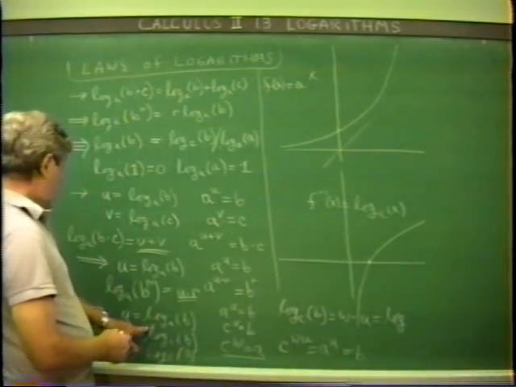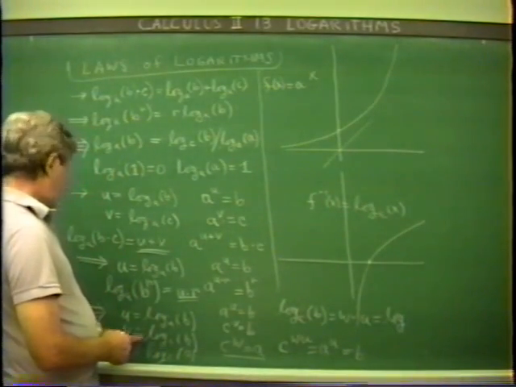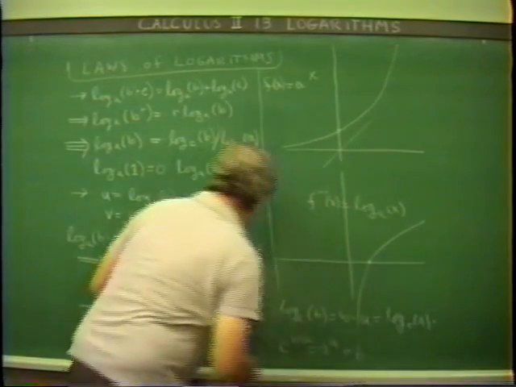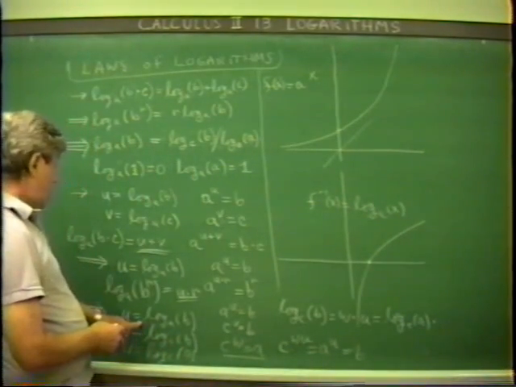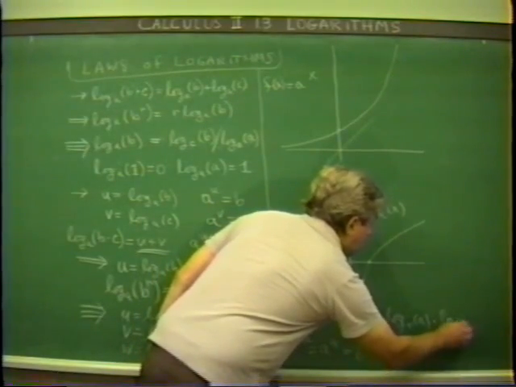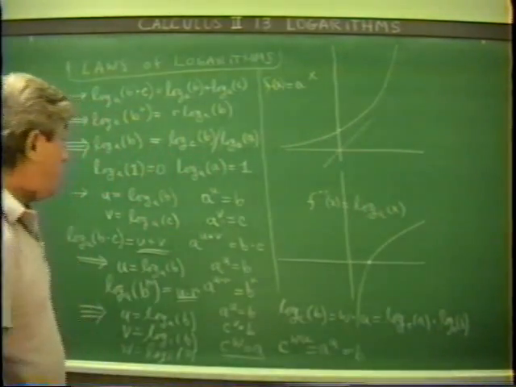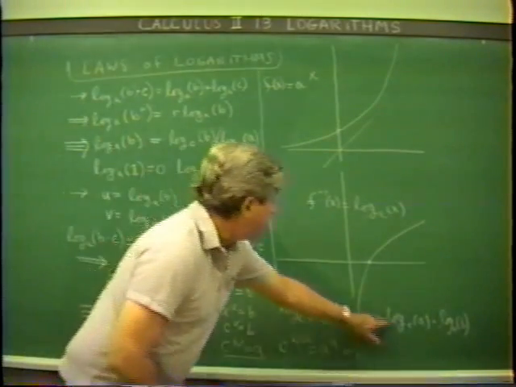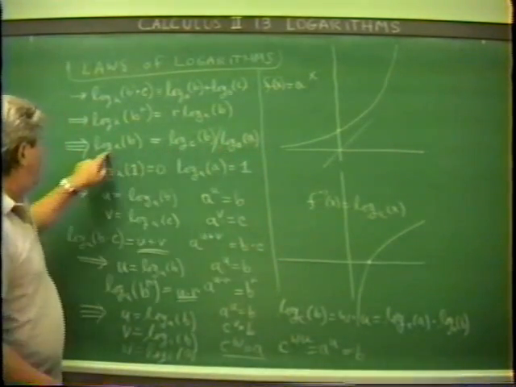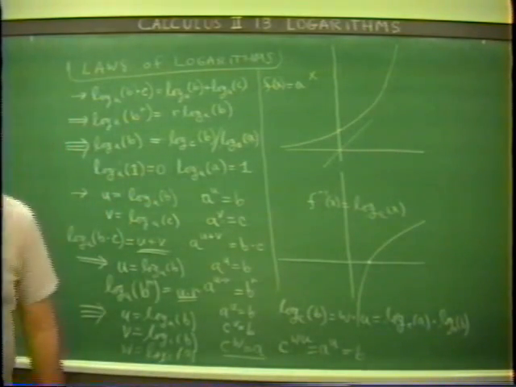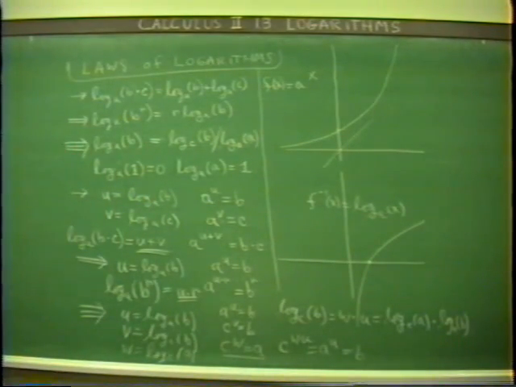So this is the log to the base c of a times the log to the base a of b. Right? So this says then that the log to the base c of b is the log to the base c of a times the log to the base a of b, and gives us the third result.